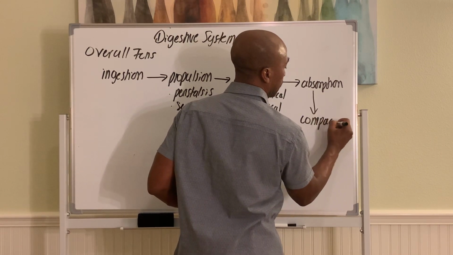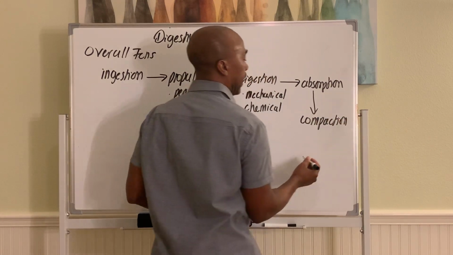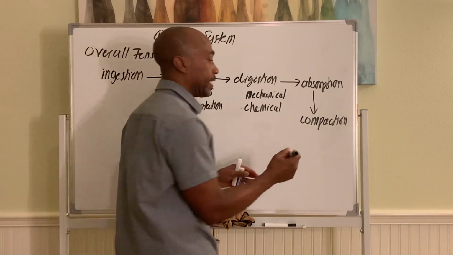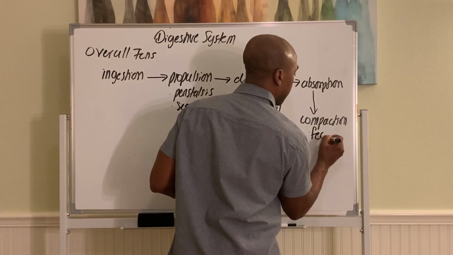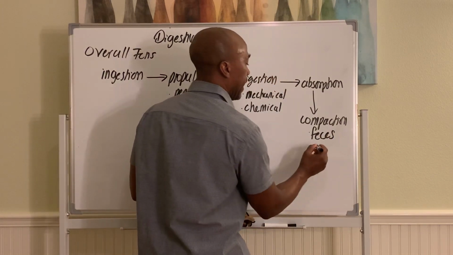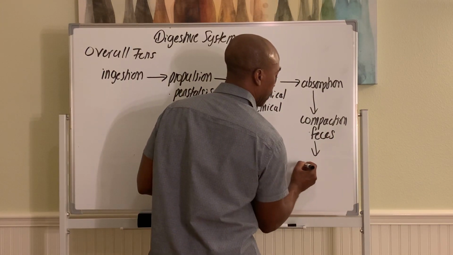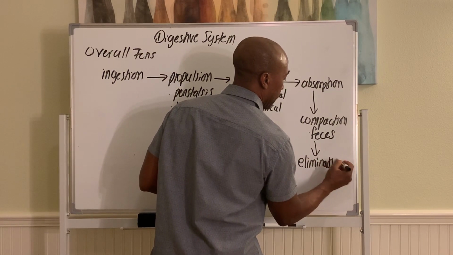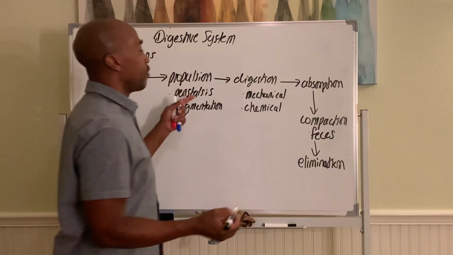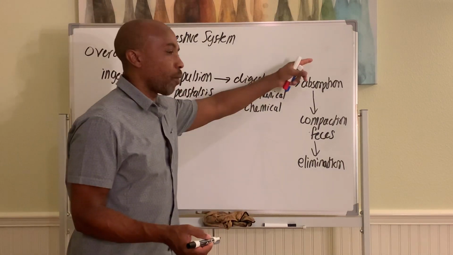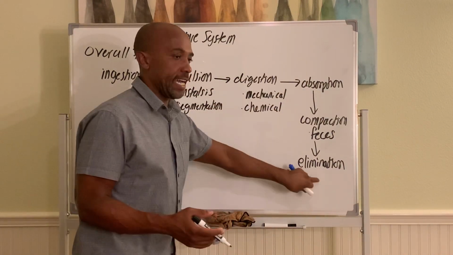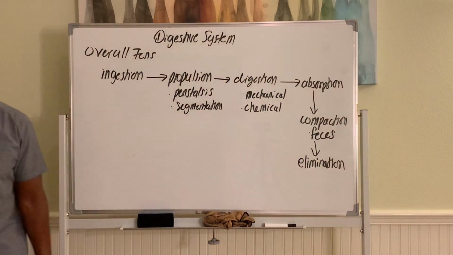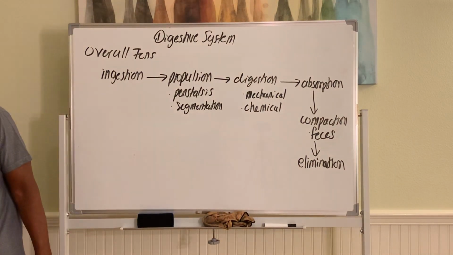So compaction is to compact it into feces, basically making feces of what's left behind. And then you have elimination. Okay, so bring it in, move it, break it down, absorb it, compact it, and get rid of it. Those are the main overall functions of your digestive system.